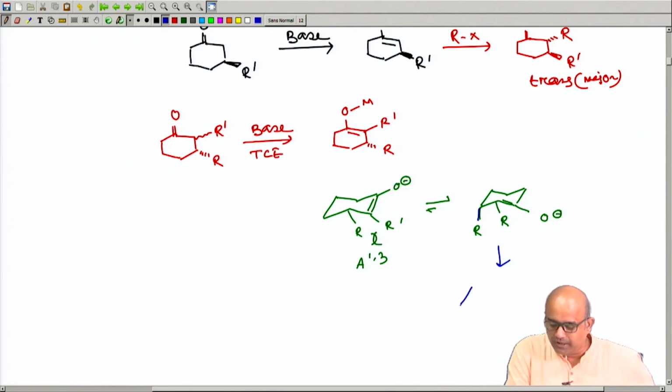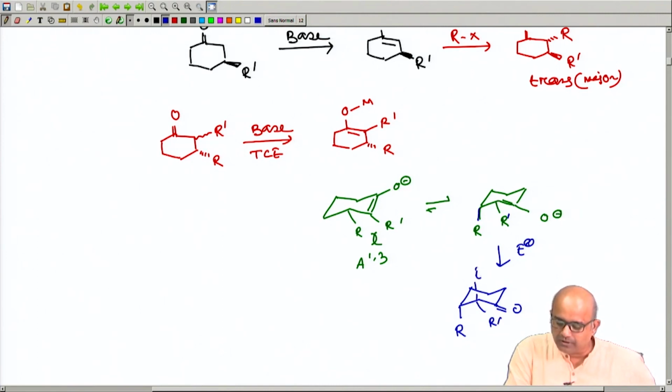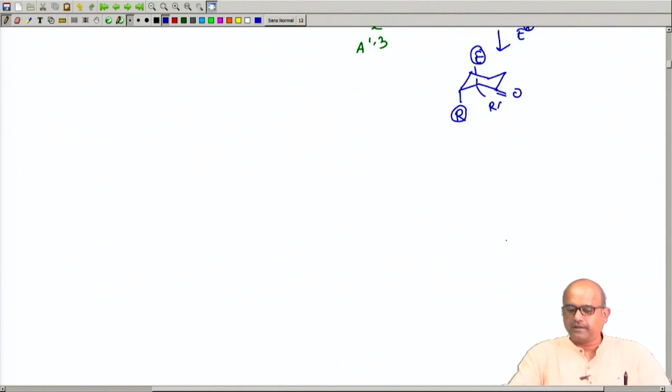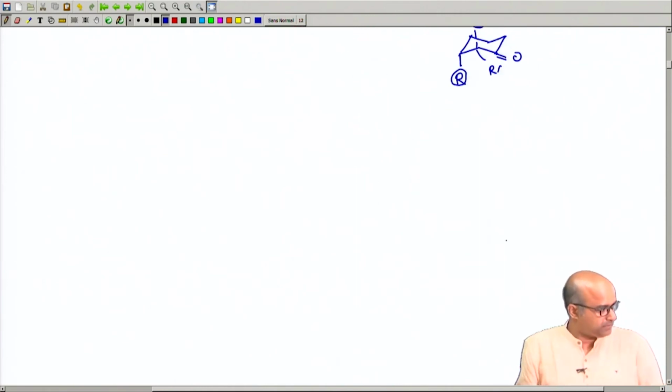So, finally, what will you get? You will treat with an electrophile. So, usually you get this, you have R, this is basically the R prime, you have this R prime, you have this R, and this electrophile now comes here. So, usually what I am trying to say is that this R, this R, this R and the electrophile seem to be anti to each other. So, this can be well explained through this kind of pathway.